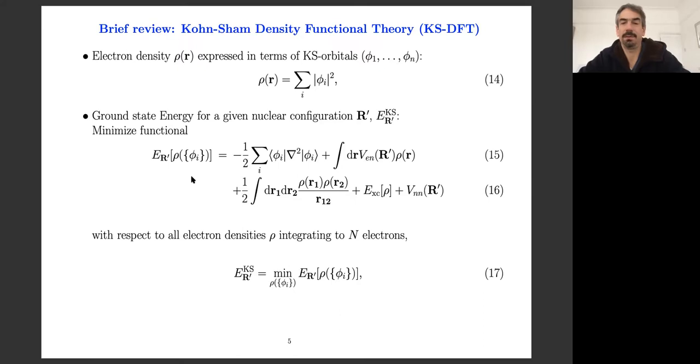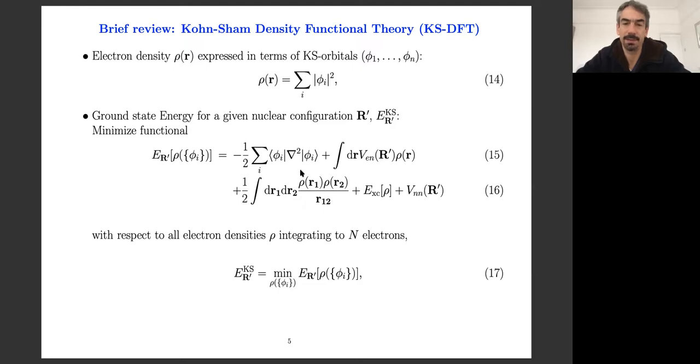So this is the density functional expression where you have the kinetic energy of this non-interacting reference system that's formed of these Kohn-Sham orbitals, right? Then here you have the interaction of the density with the electrostatic potential due to the nuclei. Here you have the electronic repulsion energy, right, between the electrons.